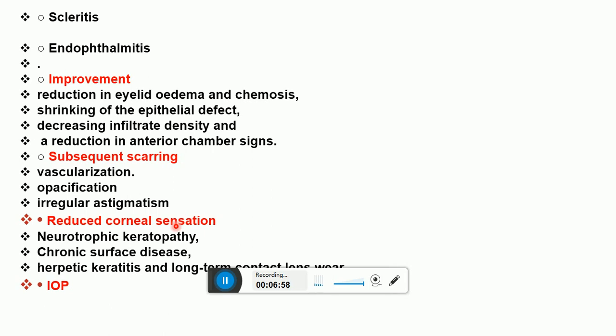Reduced corneal sensation may suggest associated neurotrophic keratopathy, particularly where there is no other major risk factor. Sensation may also be reduced in chronic surface disease, herpetic keratitis, long-term contact lens wear. Intraocular pressure should be monitored.